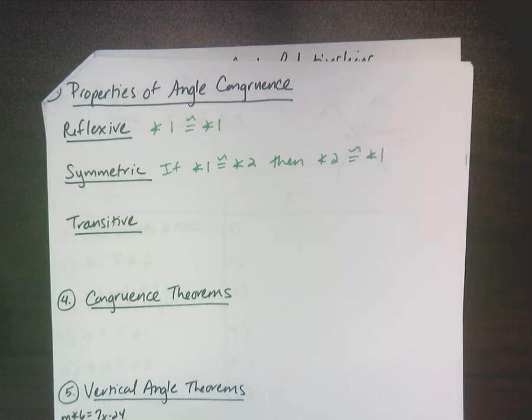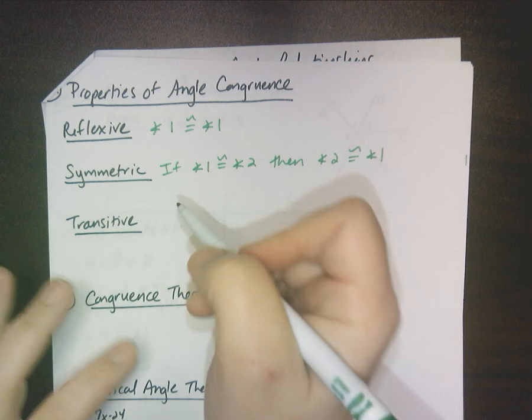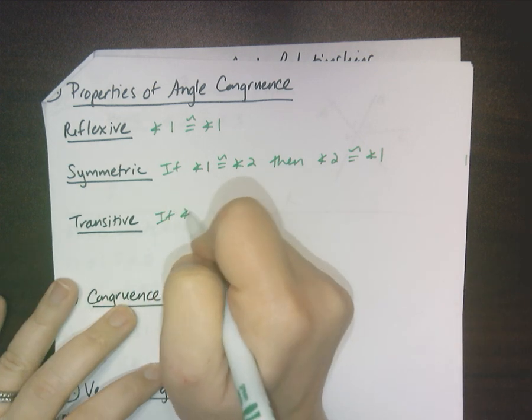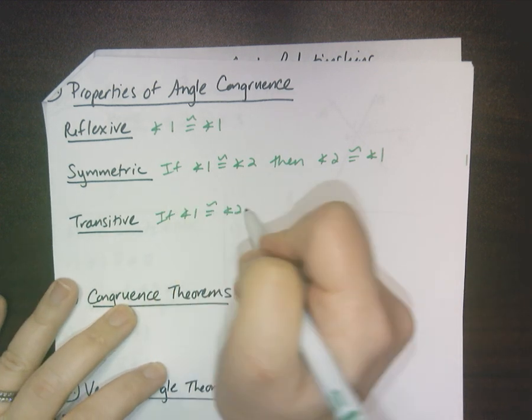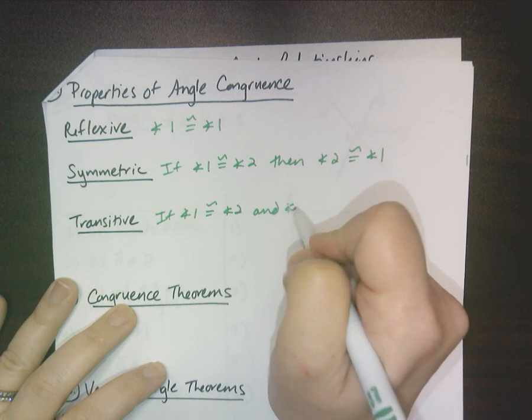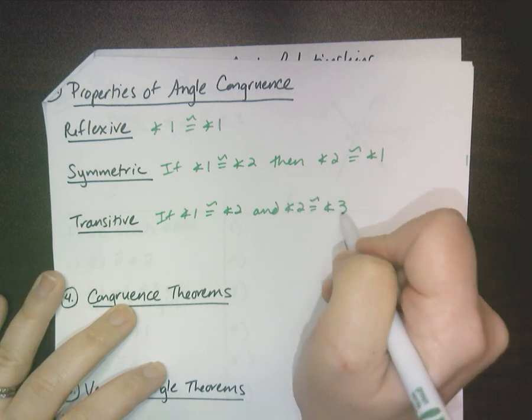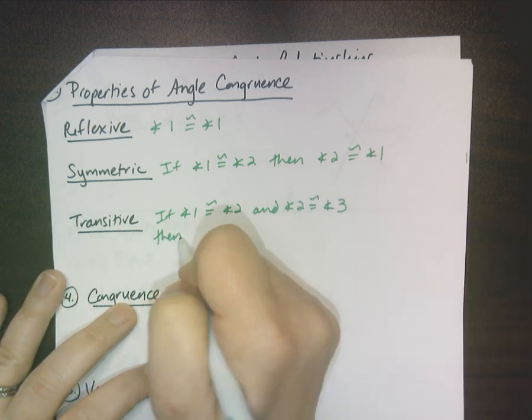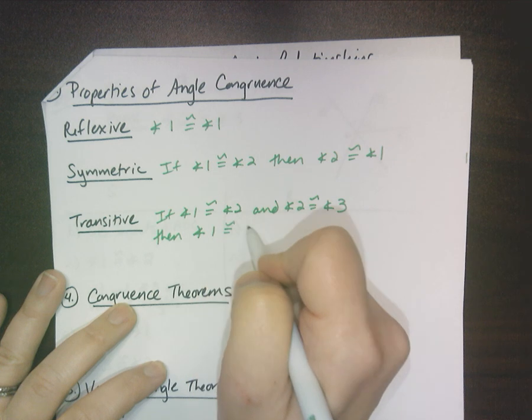Easy peasy. Transitive, remember that train property from yesterday? If this equals this and this equals this, then that equals that. Okay, same thing. So if angle 1 is congruent to angle 2, and angle 2 is congruent to angle 3, then angle 1 must be congruent to angle 3.